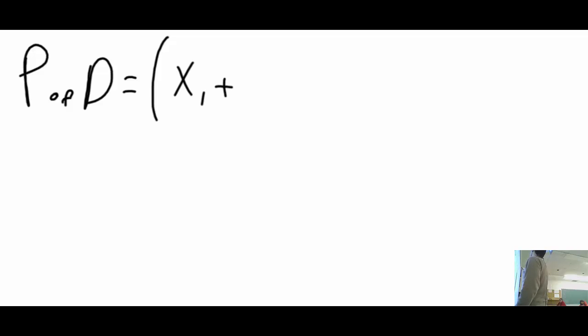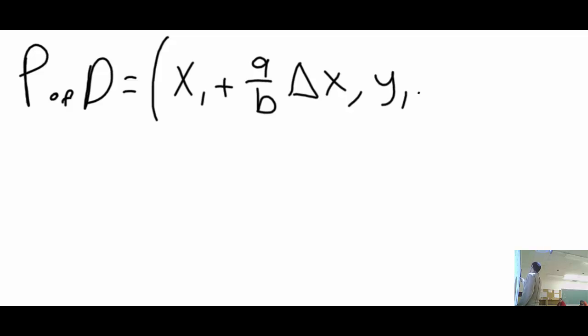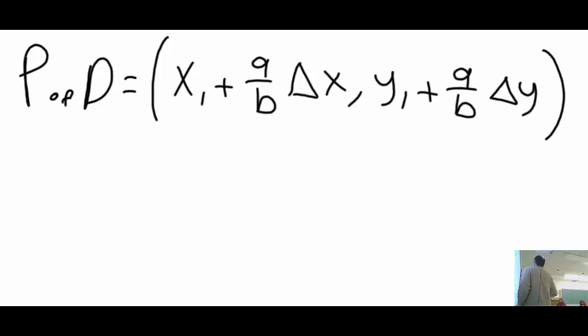Point of division equals, if I am not wrong, the formula is something like this: x1 plus A divided by B times the difference between the x's, comma, y1 plus A divided by B times the difference between the y's. That's the point of division formula. So we write this down first and let's try to apply this.